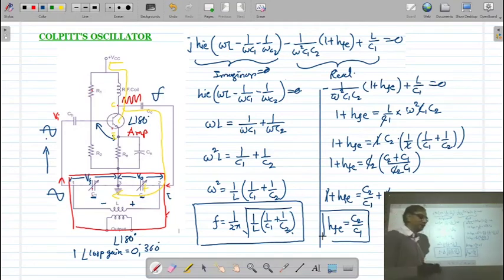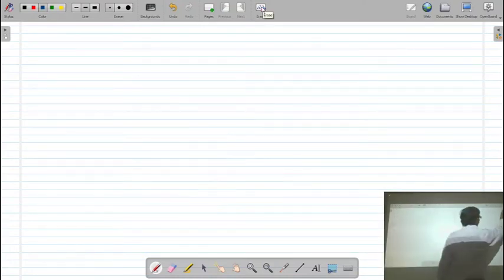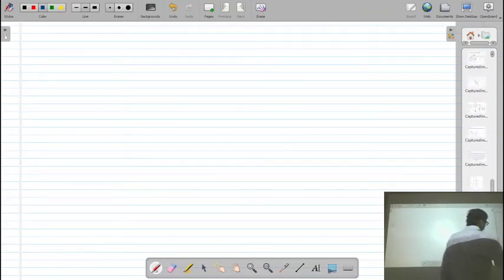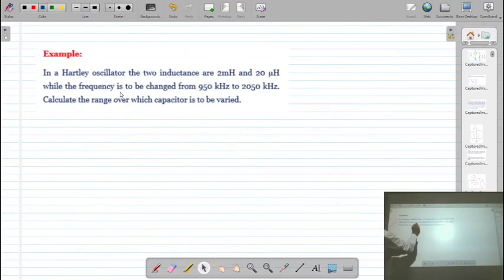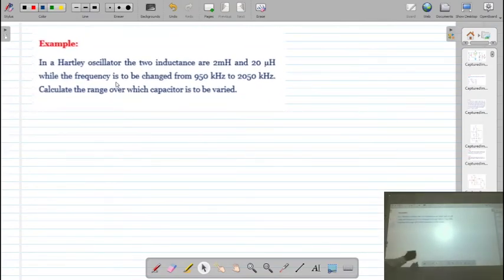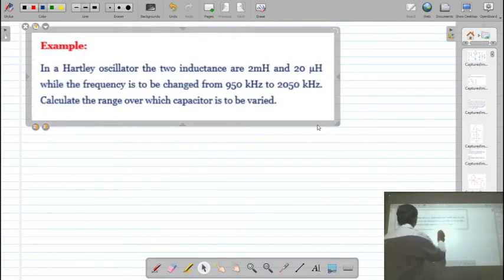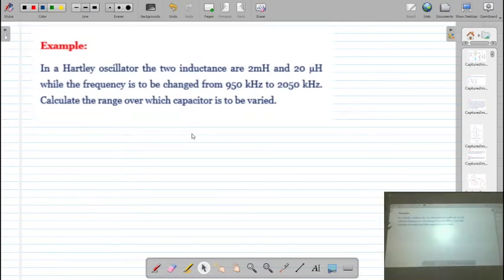Okay, now let us see an example on a Hartley oscillator and Colpitts oscillator. Look at this. In a Hartley oscillator, the two inductances are 2 millihenry and 20 microhenry, while the frequency is to be changed from 950 kilohertz to 2050 kilohertz.